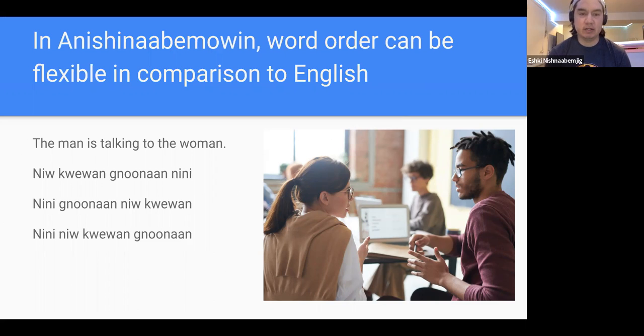But in the language, we can interchange those. And there are other markers like the kwewan ending. Because of the one, we know that the woman is being talked to. And because the nene isn't ninwan, we know he's the proximate actor, the one that's doing the action.